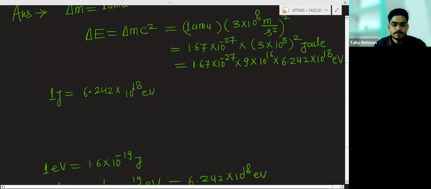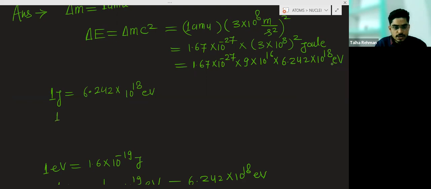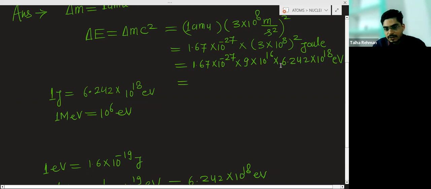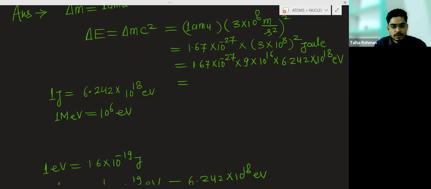And one more thing, now we will convert this electron volt into mega electron volt. 1 mega electron volt is equal to 10 to the power 6 electron volt. So from here you can calculate that in 1 electron volt there are 10 to the power minus 6 mega electron volt.